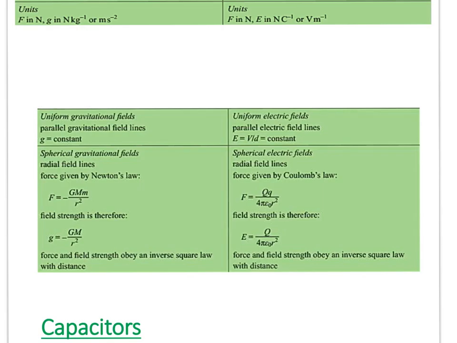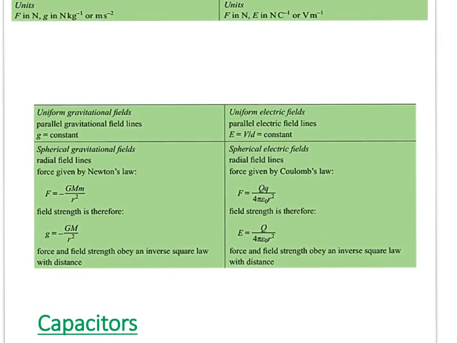So in gravitational terms, it's the masses. In electric terms, it's the charges, and that's inversely proportional to the distance between them squared as well. The only difference is the constant of proportionality, which in the gravitational case is G, and for the electric case it's 1 over 4 pi epsilon naught, and they both obey the inverse square law with the distance between them.